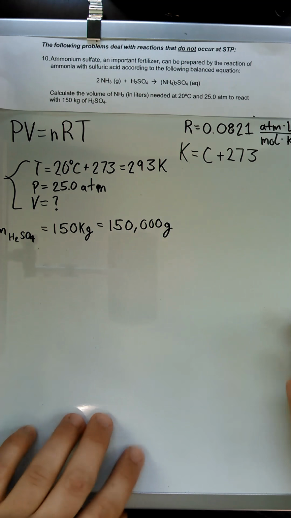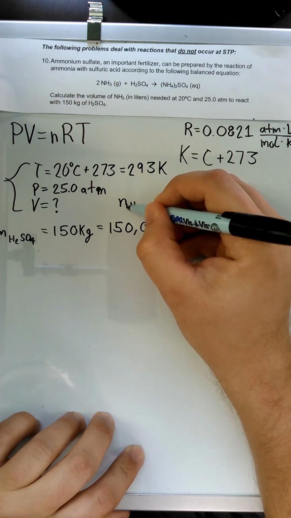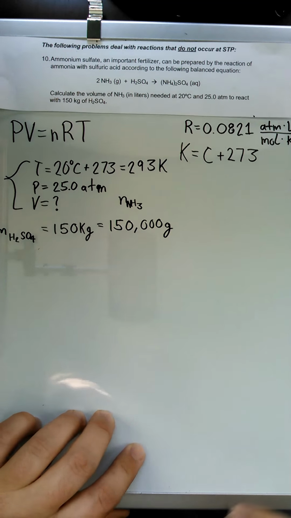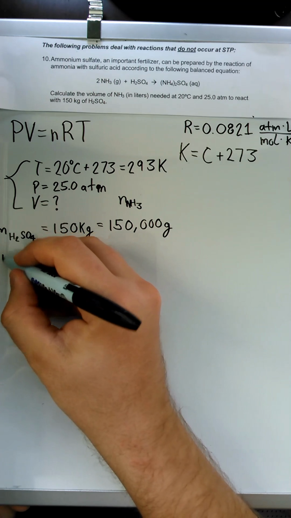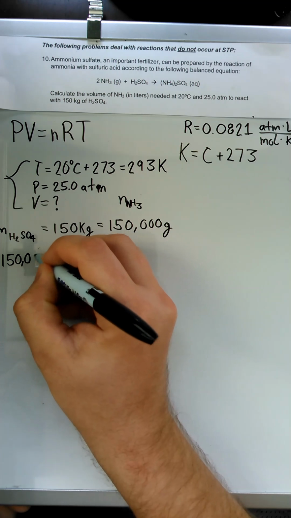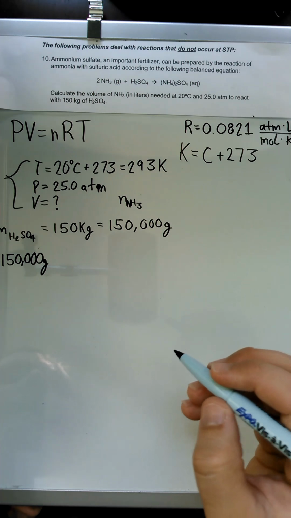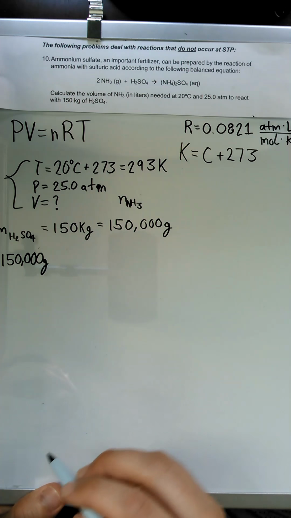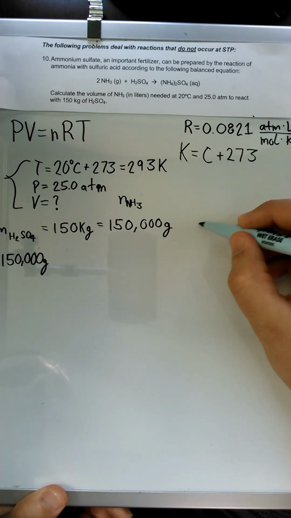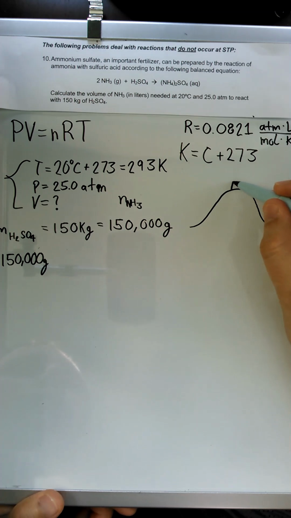Now for the stoichiometry. Now we need the number of moles of ammonia, NH3. All right, so I'm going to convert that by starting with my 150,000 grams of H2SO4, and I need to calculate now the molar mass. If you'll recall, when we do our conversions, if we can go back to our diagram of the mole hill, at the top of the hill we have 1 mole.